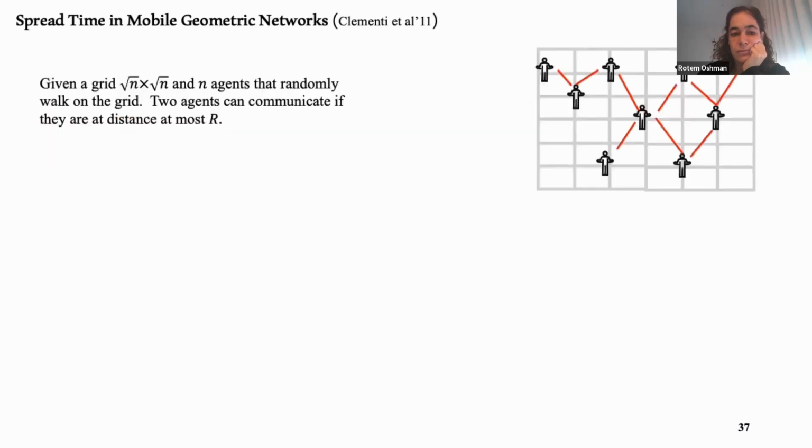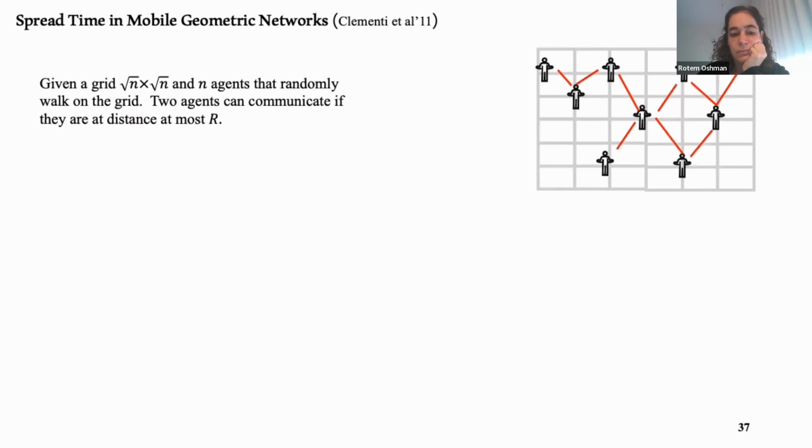Now let us apply our lemma to a popular model of dynamic graphs called mobile geometric graphs. In this model, we assume that we have a grid of size root n by root n and we have n moving agents. In fact, the agents move based on predefined random walks.